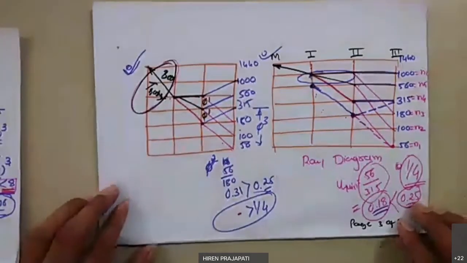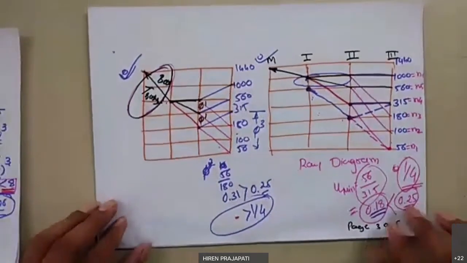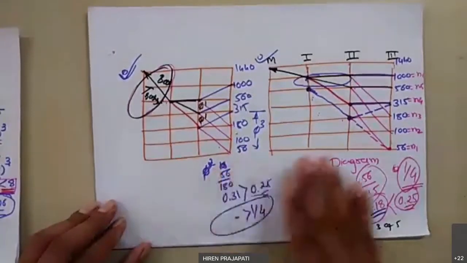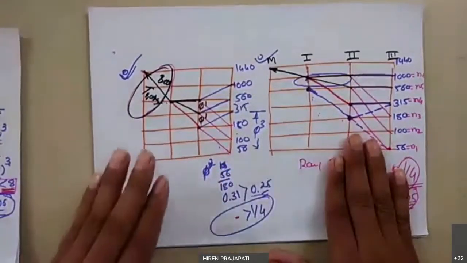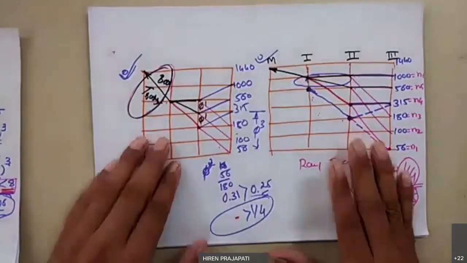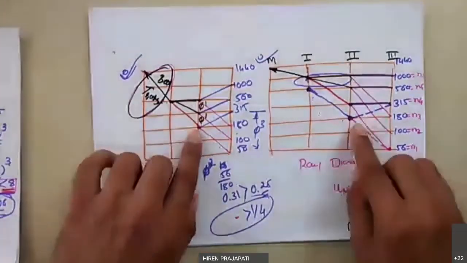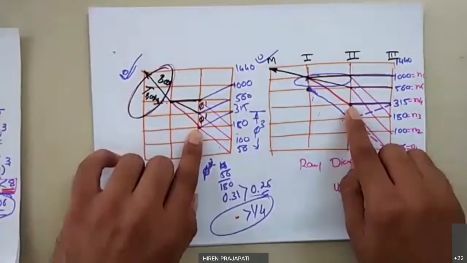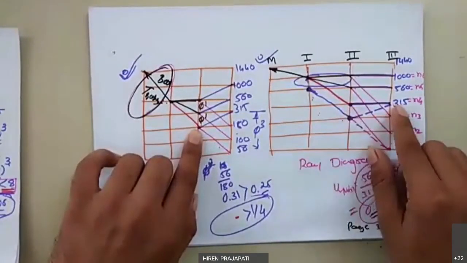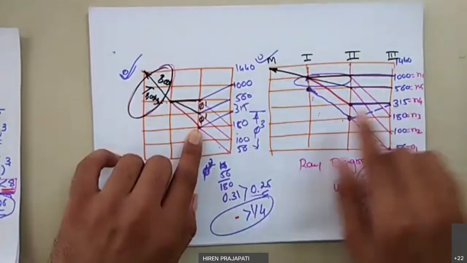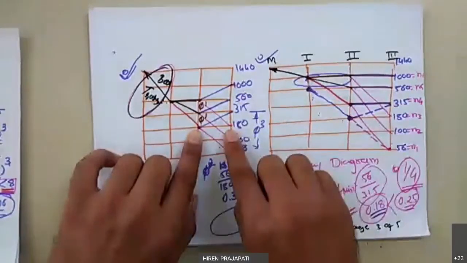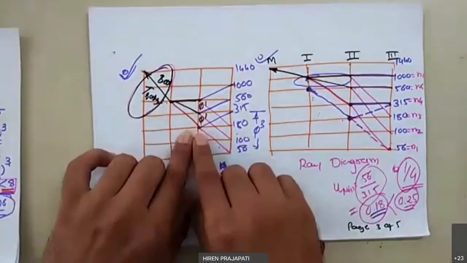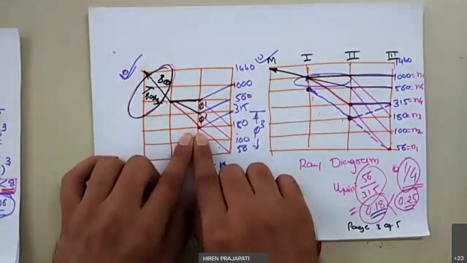But I would like to make one comment on this. If we drop this ray diagram and move to this ray diagram, then if you look at this node point, which was on the right side diagram, it is at 315 RPM. If we use this diagram, then this node shifts to 180 RPM.